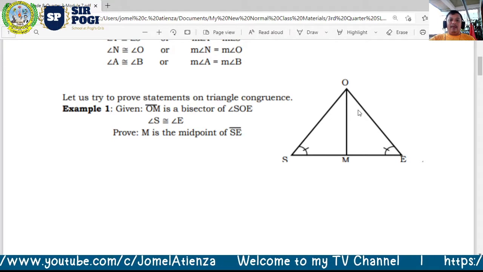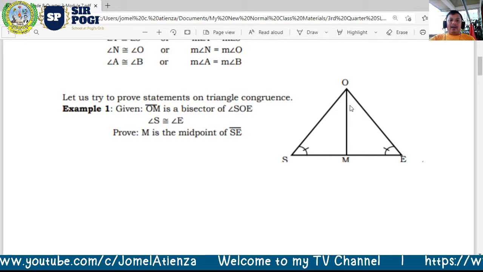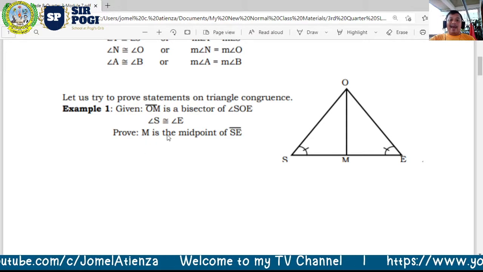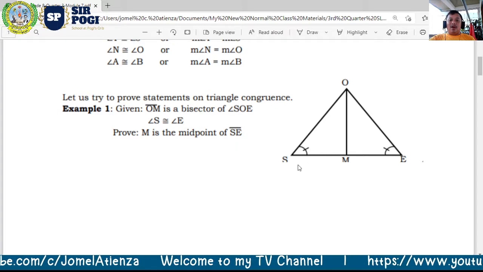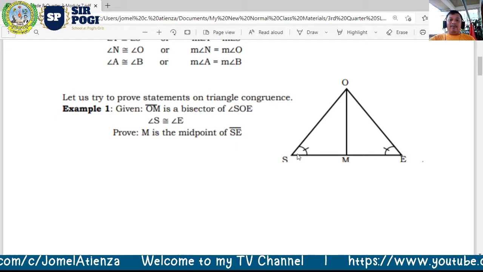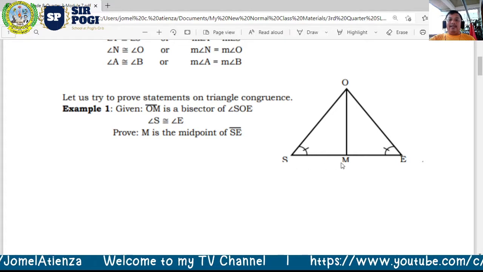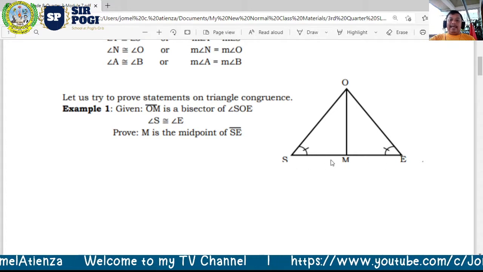That is by the definition of angle bisector. Then, we are going to prove that M is the midpoint of SE. So when we say midpoint, we need to say that SM is equal to EM.